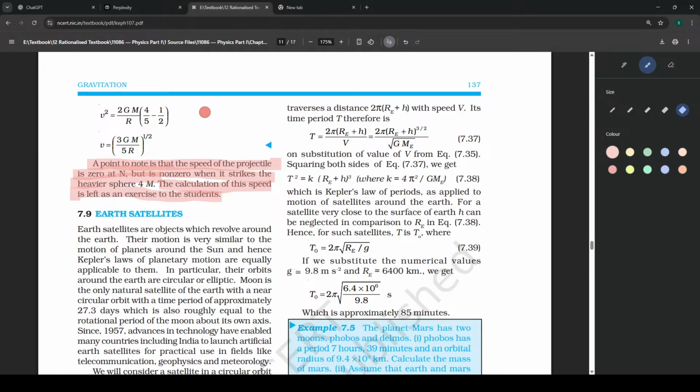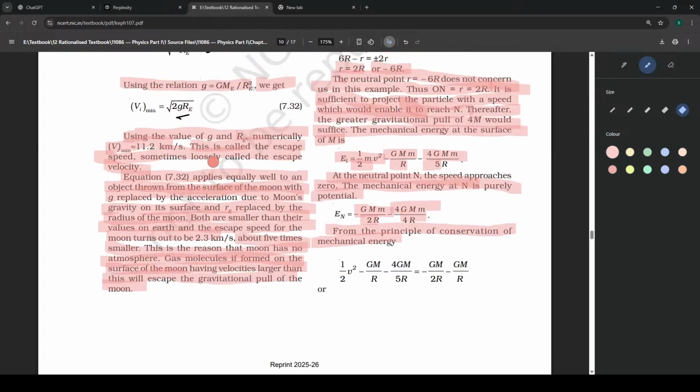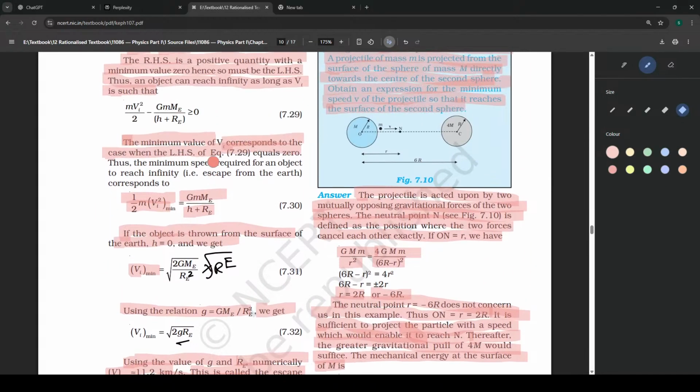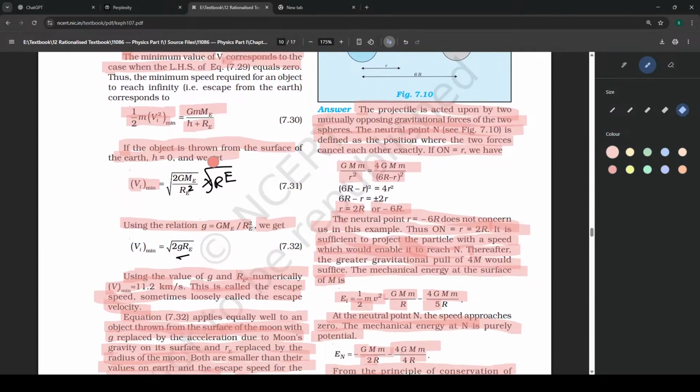That we can calculate using acceleration due to gravity. The total acceleration due to gravity at the next point, that as well we can, I believe, calculate using conservation of mechanical energy.